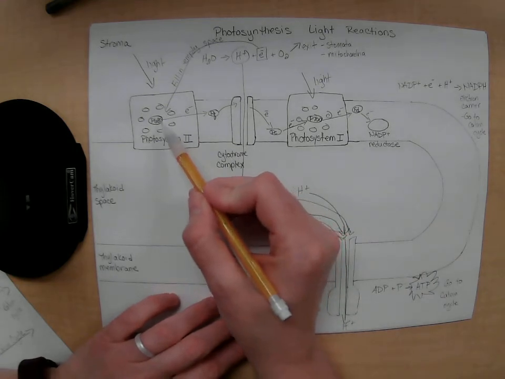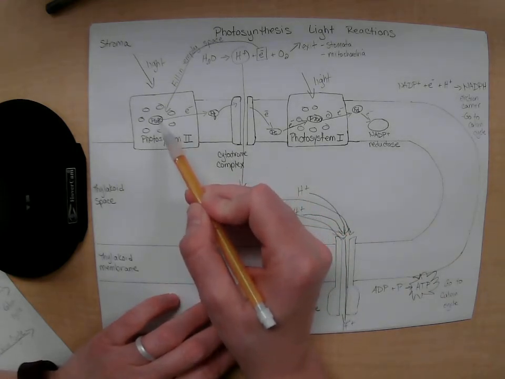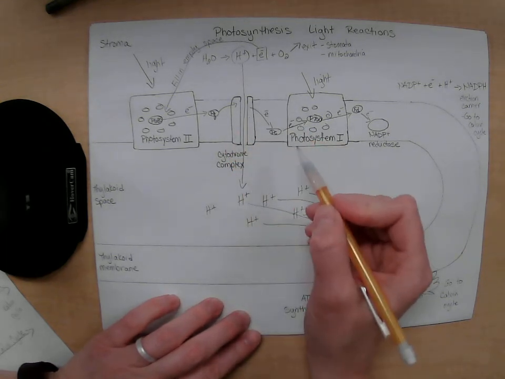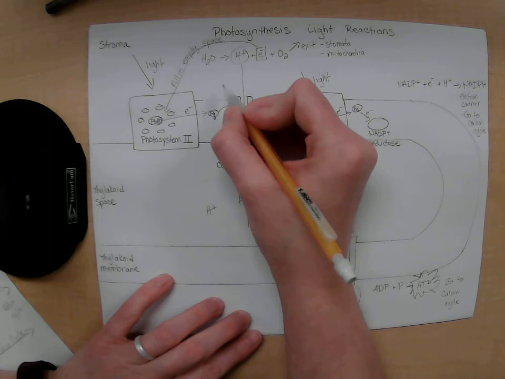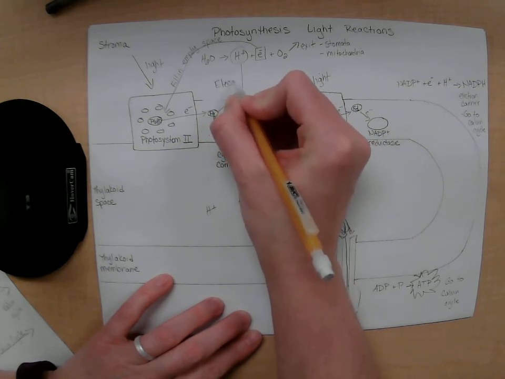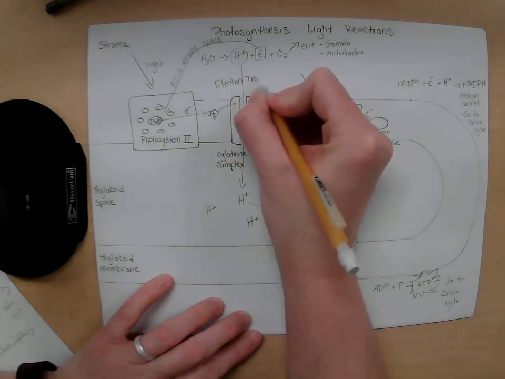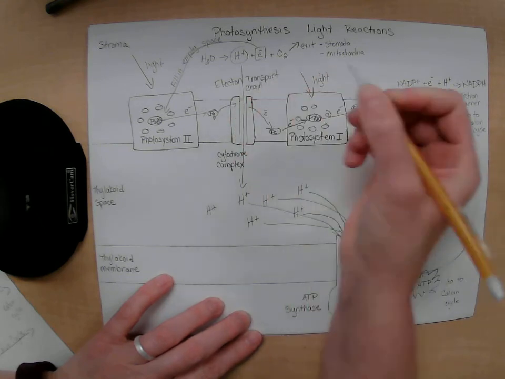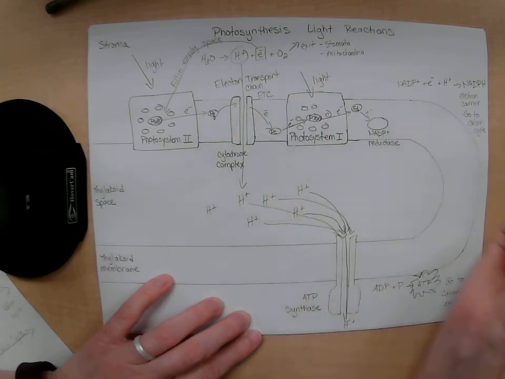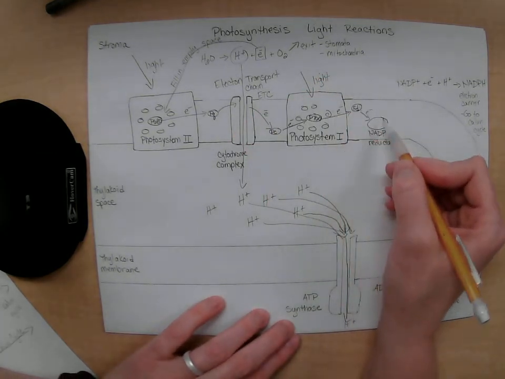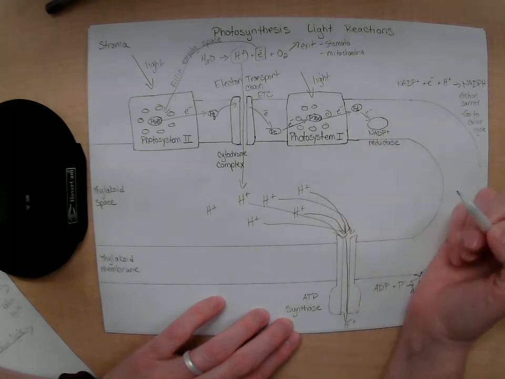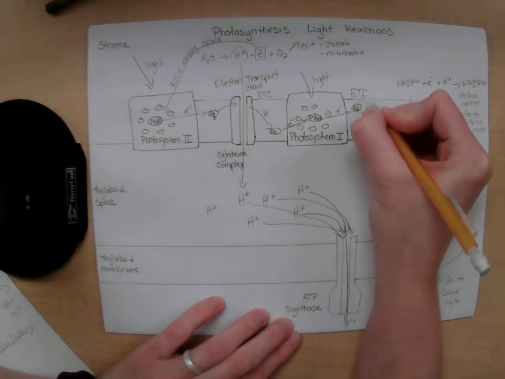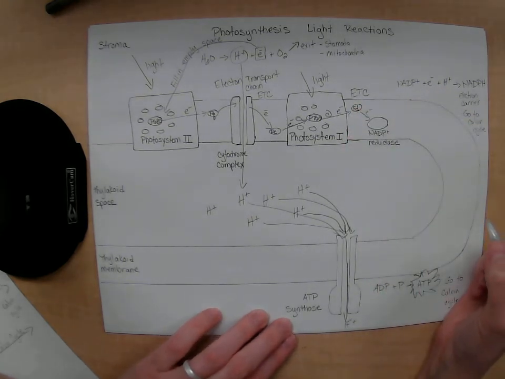So where this system here, where the electron jumps from the P680 to the PQ, to the cytochrome, to the PC, that whole thing right there is called an electron transport chain, or an ETC for short. And then over here, we have another electron transport chain involving the NADP plus reductase.